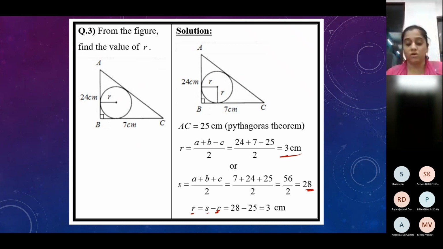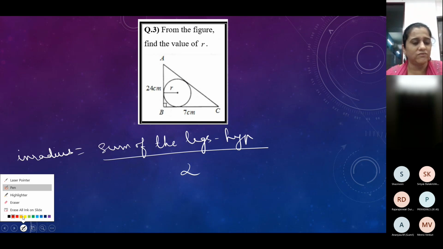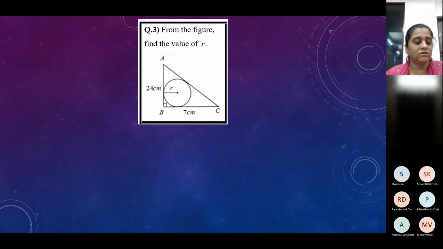Now, if you're curious to know how this formula comes, I can show it from here. You remember the results, that's enough. I told you the inradius is sum of the legs minus hypotenuse by 2.